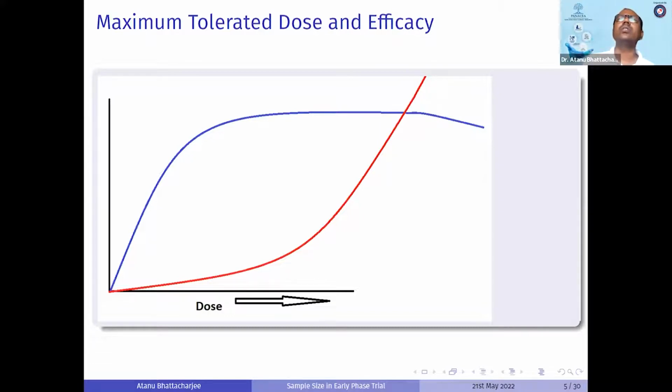To some extent, efficacy gets optimal, and after that it also drops down. So it's not that if you keep on increasing doses, you are going to get the best results. That never happens. After giving a certain dose of a drug, the person's efficacy reaches an optimal level and starts getting down. So we have to find out the best dose we can deliver, and that needs to be considered.